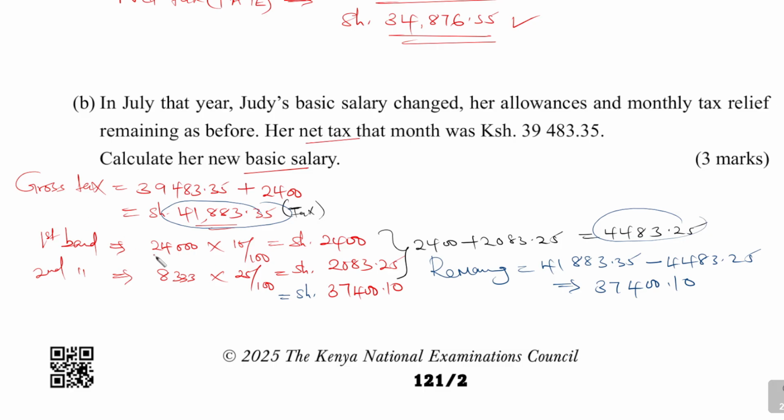So now what we don't have is the amount of money that was taxed in order to give this tax. That band is taxed at the rate of 30%.